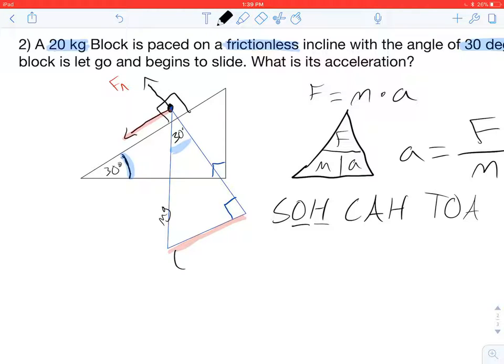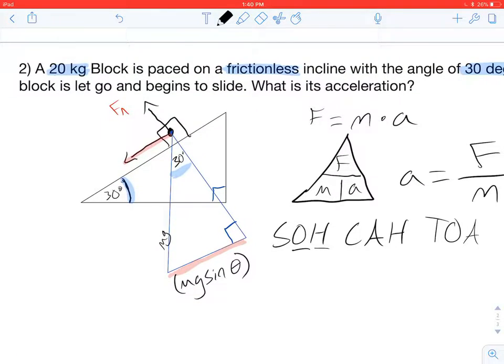Looking at sine, opposite over hypotenuse, we have our hypotenuse, we have our theta at 30. We can come to the conclusion that mass times gravity times sine theta gives us that side. Okay.